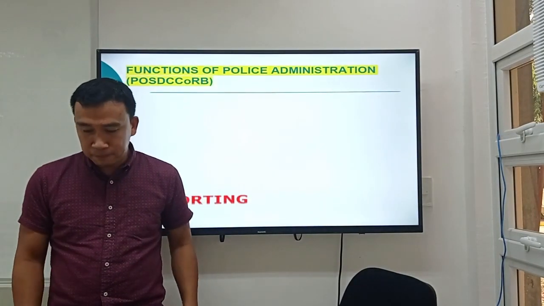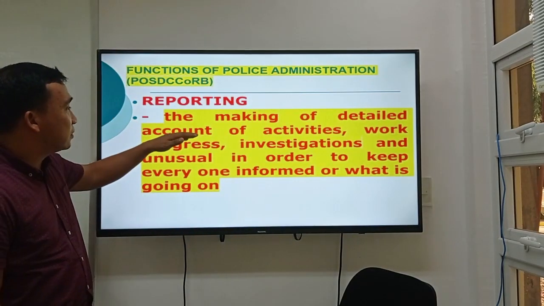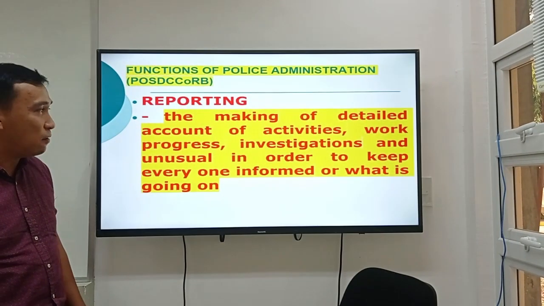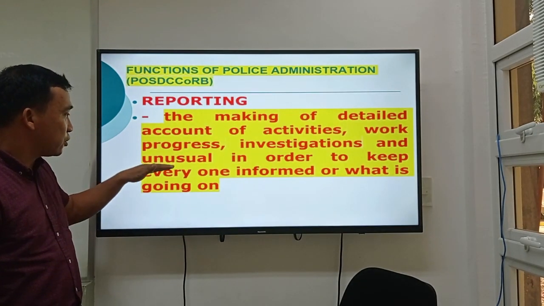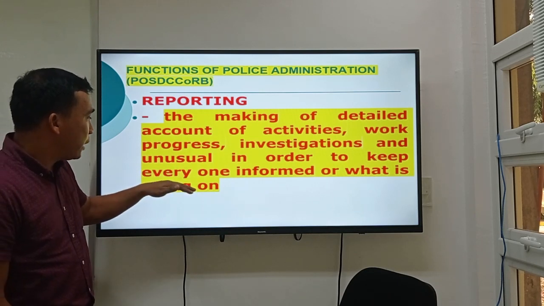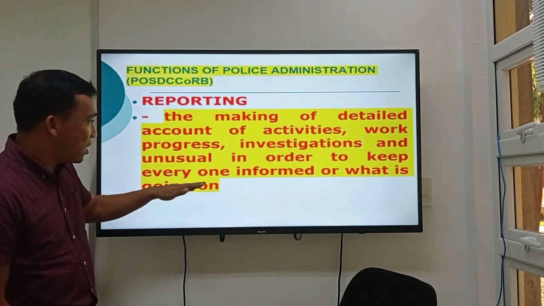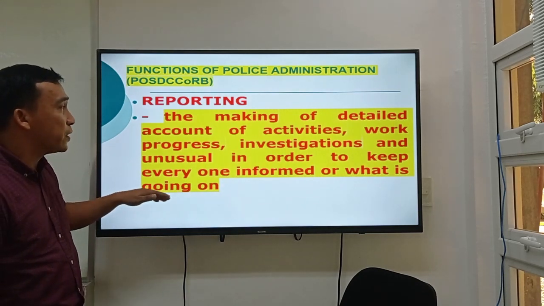Now, reporting means the making of detailed account of activities, work progress, investigations, and unusual in order to keep everyone informed or on what is going on.